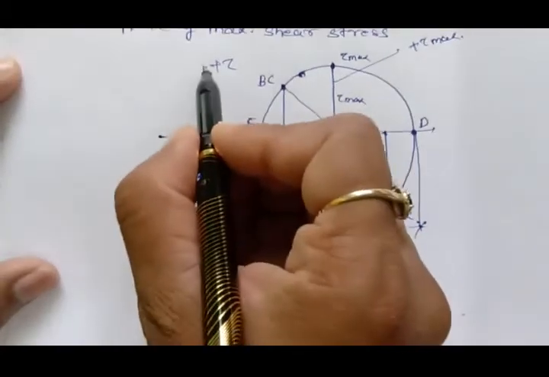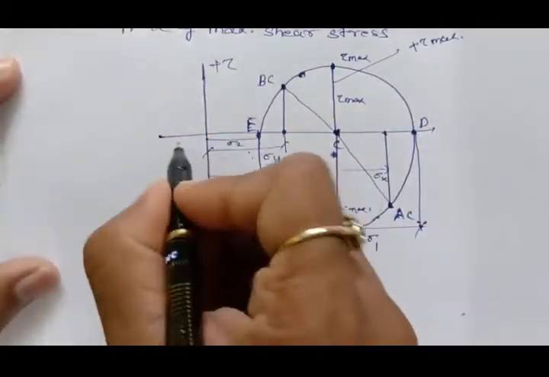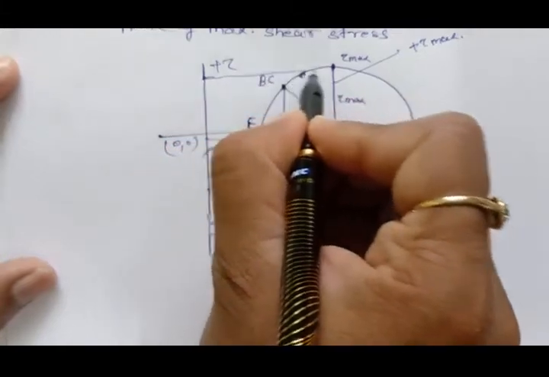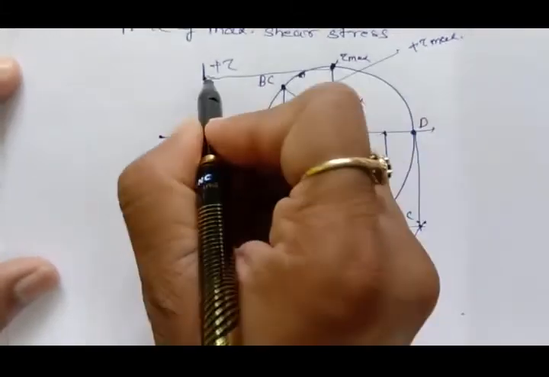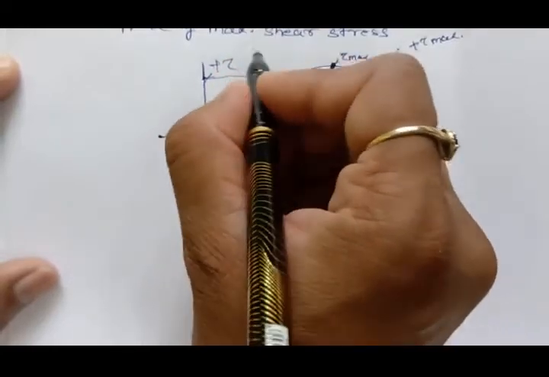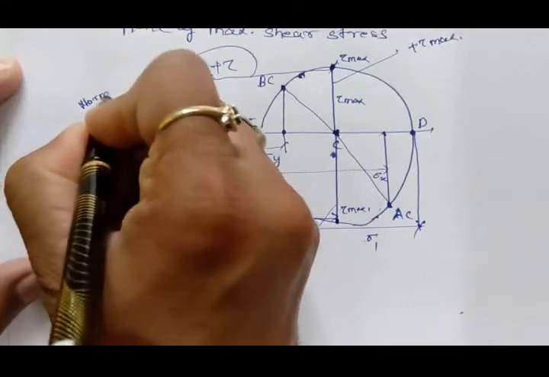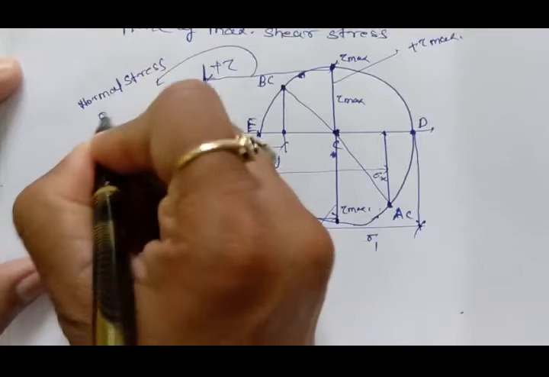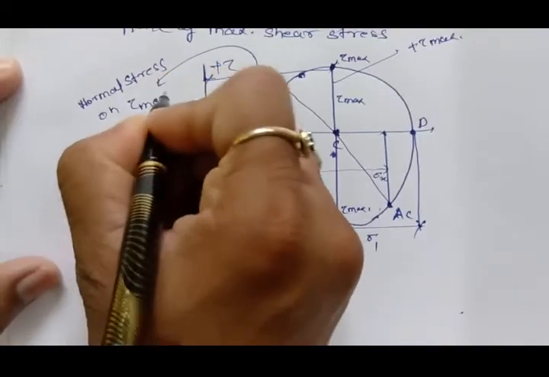And if you measure from this origin, from here to here, it will show the normal stress on the tau max plane.